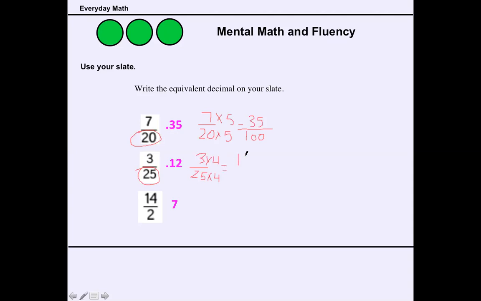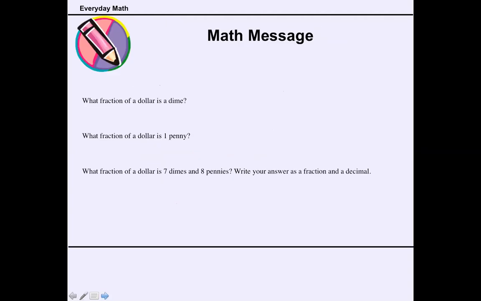And that's going to give me 12 hundredths, or 0.12. And then my last one, 14/2, I just have to ask myself, since this is an improper fraction, how many times does 2 go into 14? And that's 7 times, or 7 wholes. All right, let's move into our math message.